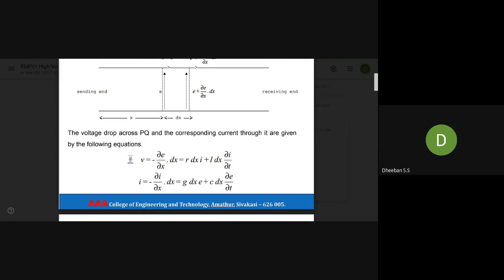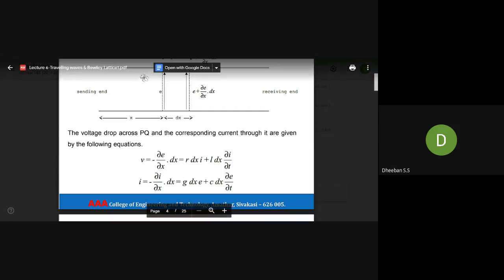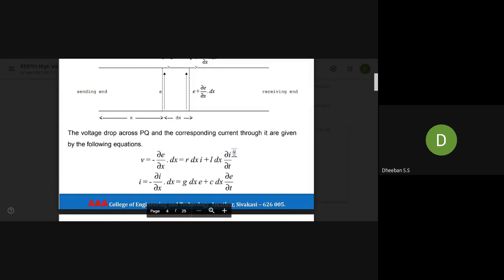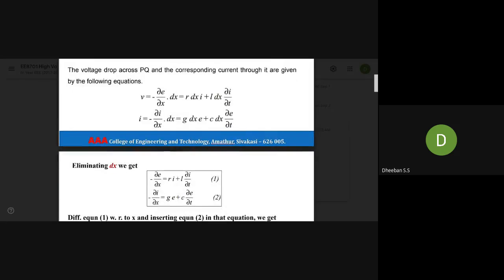So these are two equations. This equation is for your voltage, and this equation is for your current. You can easily get these by applying KVL over this line. If you apply KVL on this diagram, we'll get this.